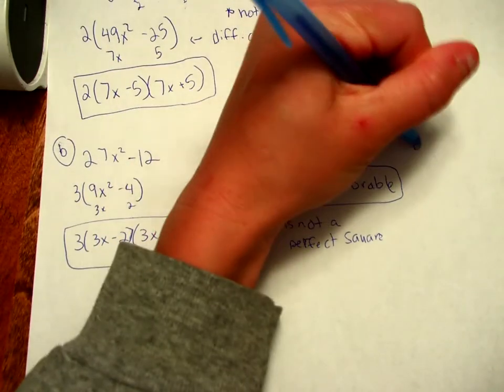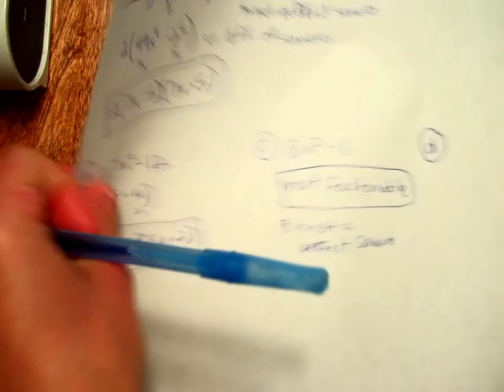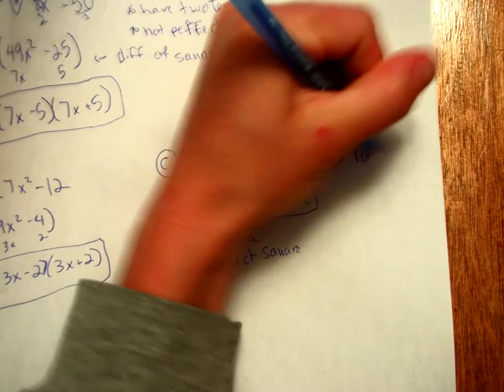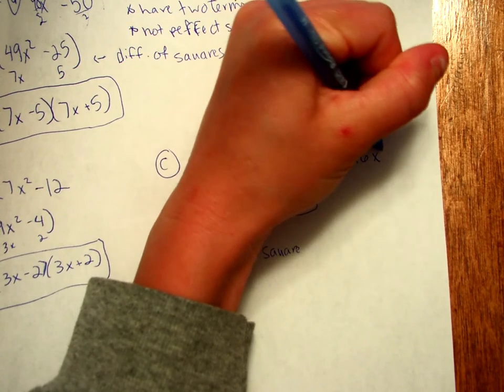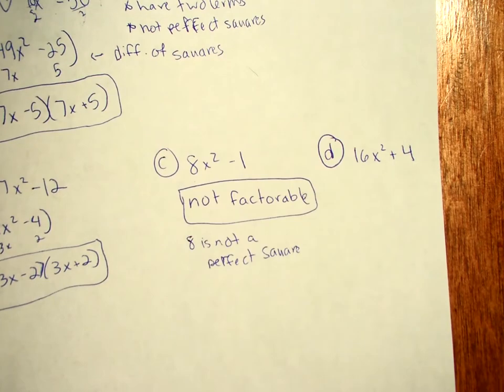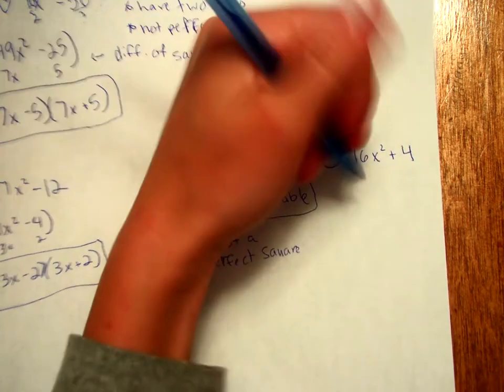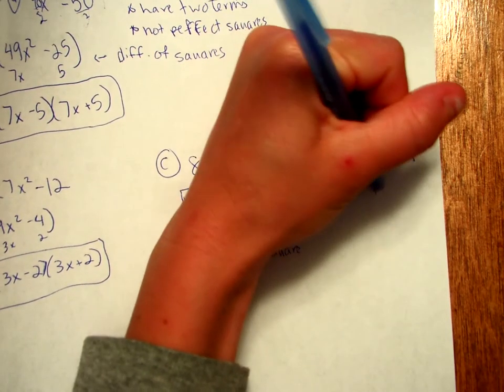Also, in the same breath, if you had something like 16x squared plus 4, also not factorable.